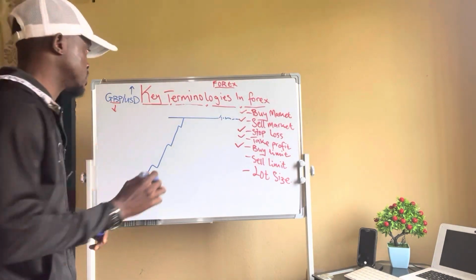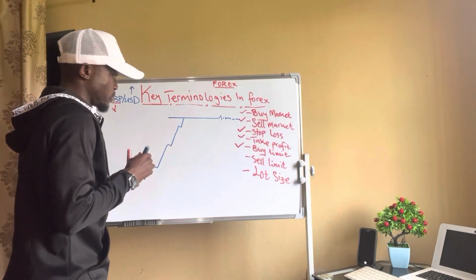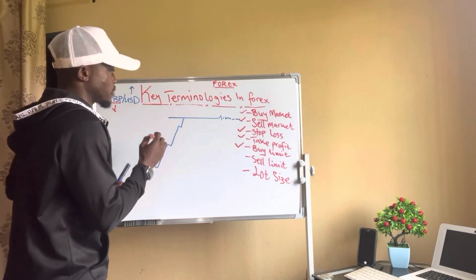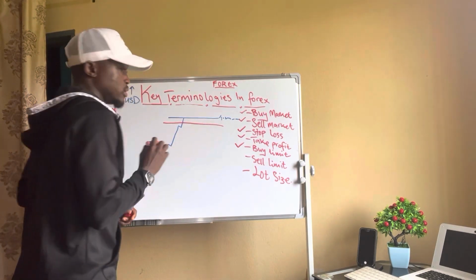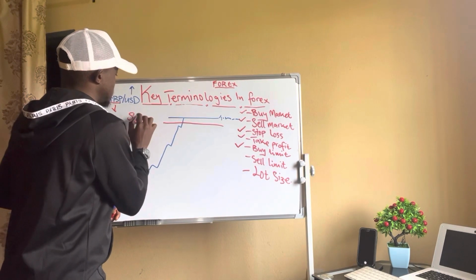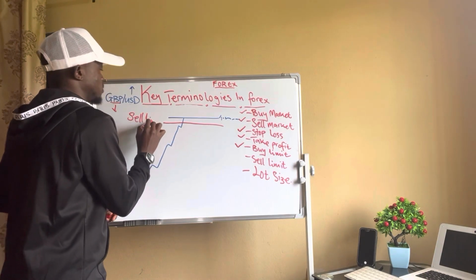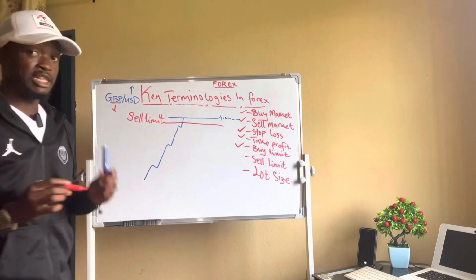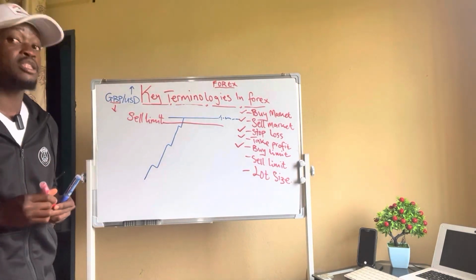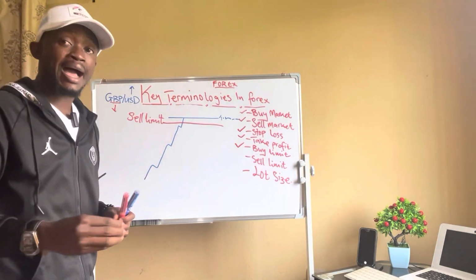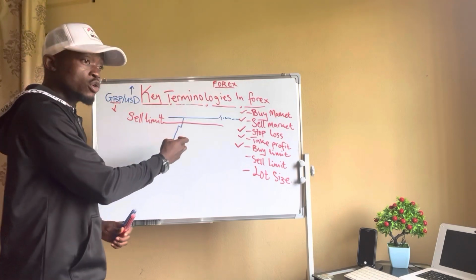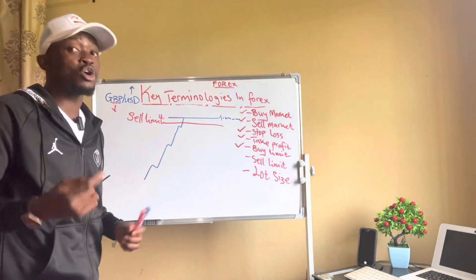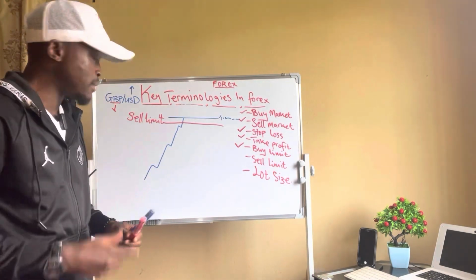Now, see your sell limit. This is the sell limit that you have placed in the market, telling the broker that once it buys and reaches a certain level, activate me a sell limit because I believe it will start to come down.